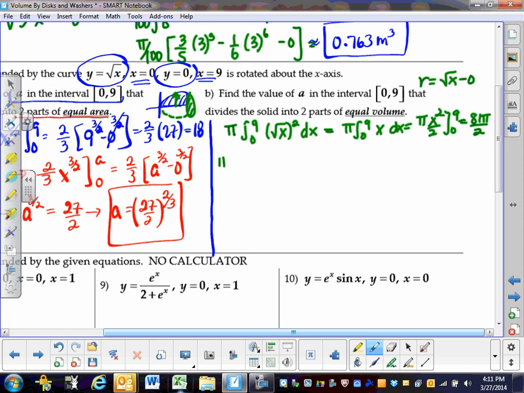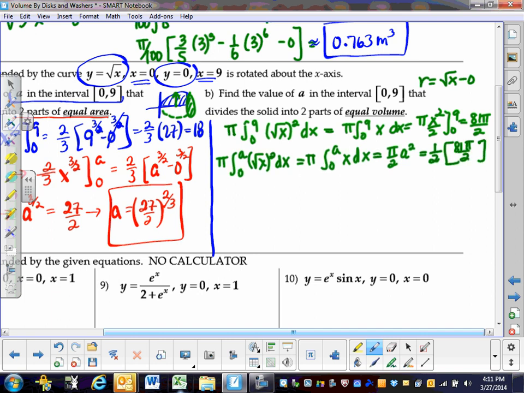There has to be a place in between from 0 to A where that same volume, which would antiderive the same way, has to equal half of the total volume. So the volume to A has to be half of the total volume.